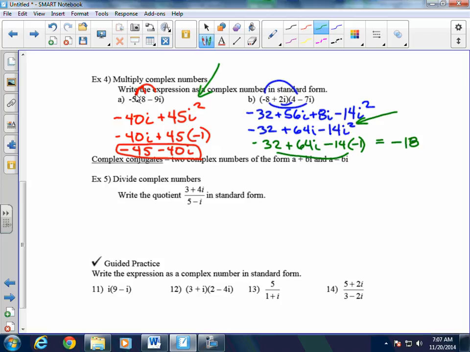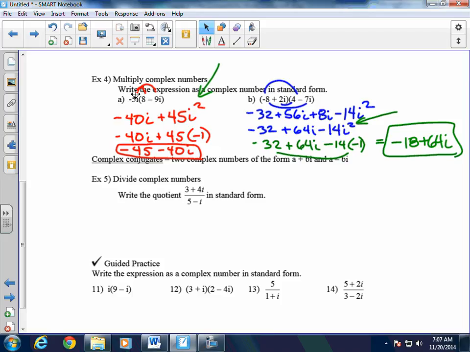And then we're going to have our plus 64i. And there's your answer. So again, we're going to do those problems just like we did regular multiplication, only when we are done with that, we have to check if there are any i squared terms. That's the only difference between this and what we've done before.